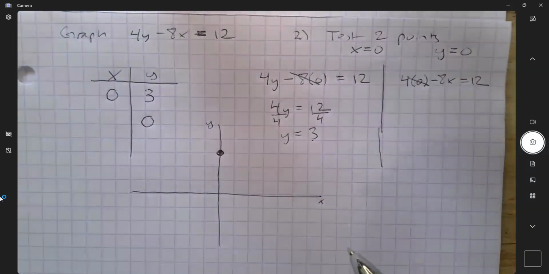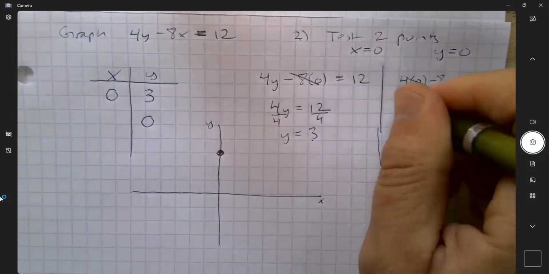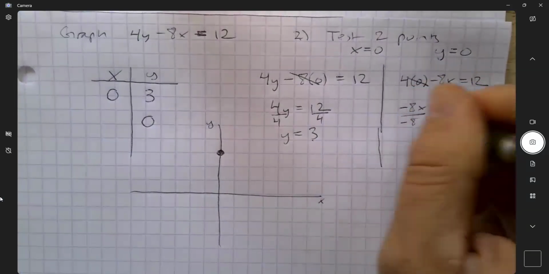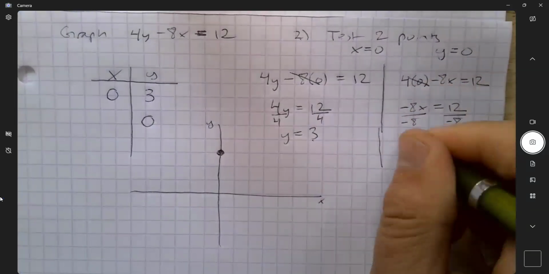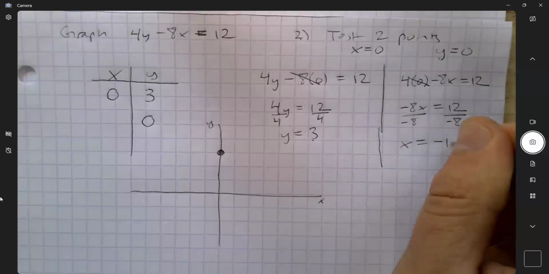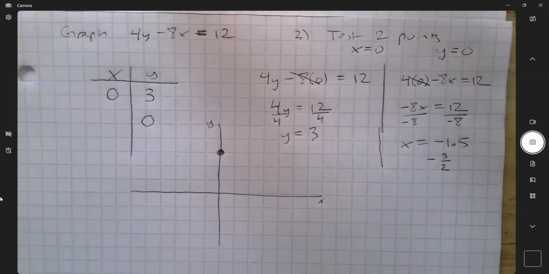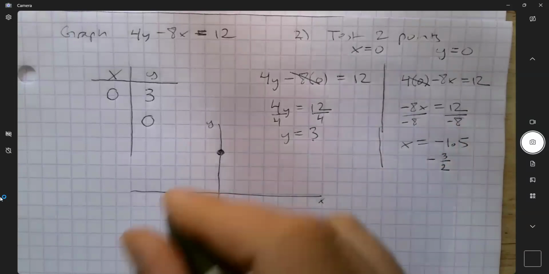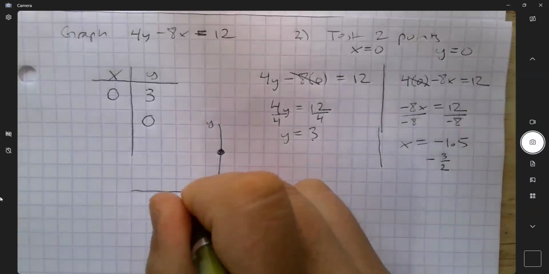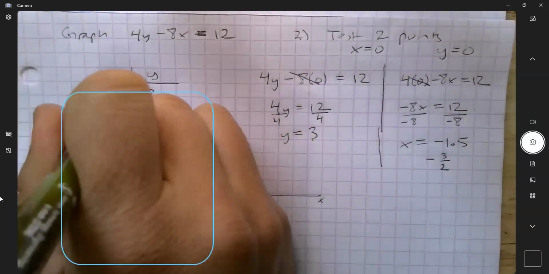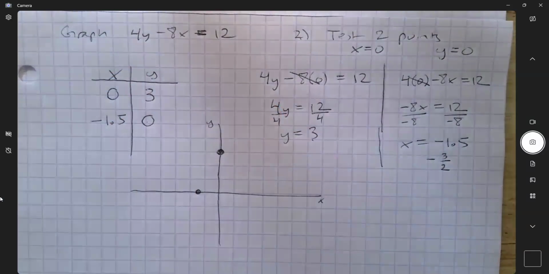The 4 times 0 goes away. And I have negative 8x equals 12. I divide both sides by the negative 8. And I end up with x equals negative 1.5 or negative 3/2, which is that point right there. Y is 0, x is negative 1.5.